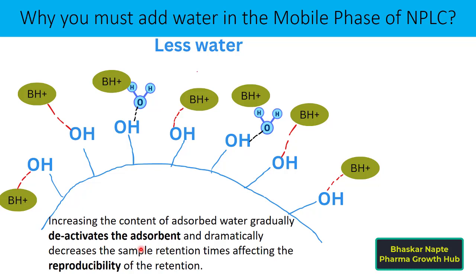Your day-to-day operations may have different amounts of water in your mobile phase, and because of that you will end up getting different retention times. So achieving consistent retention time becomes the number one challenge if you use water miscible organic mobile phases in the NPLC mode.